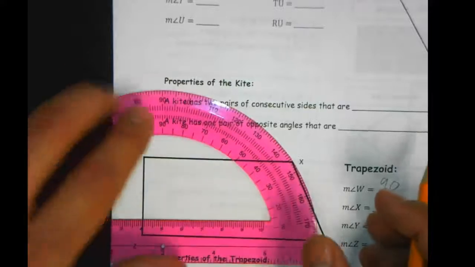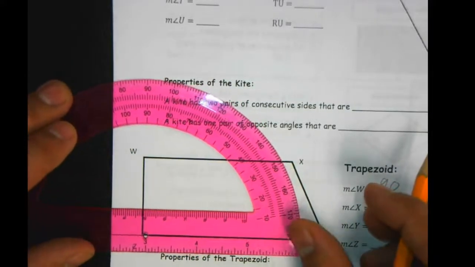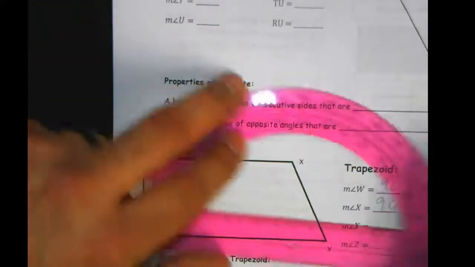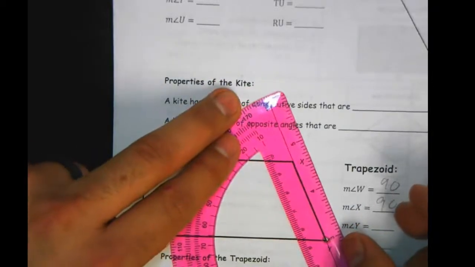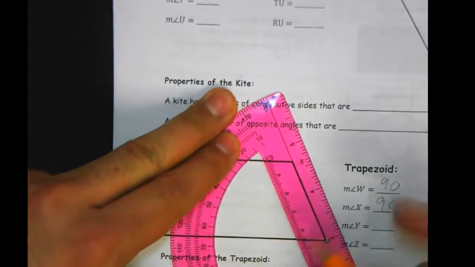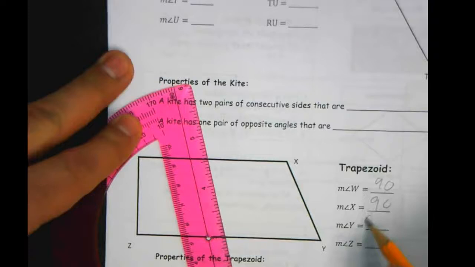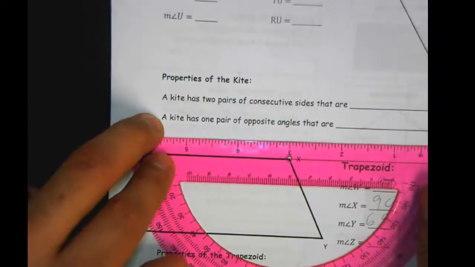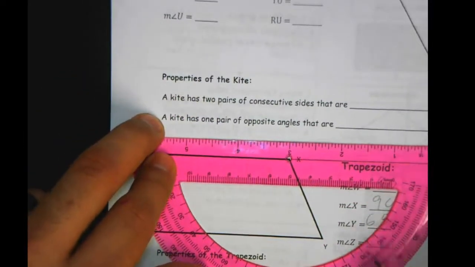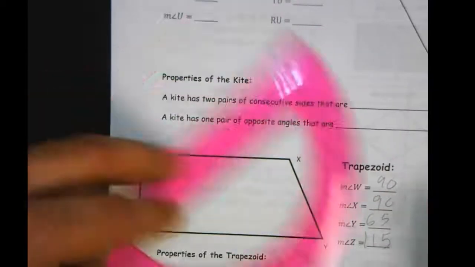Okay. Same thing probably down here with Z. Yep. And then angle Y. We'll go this way actually. Angle Y, it's about 65. And then Z, it's about 115.